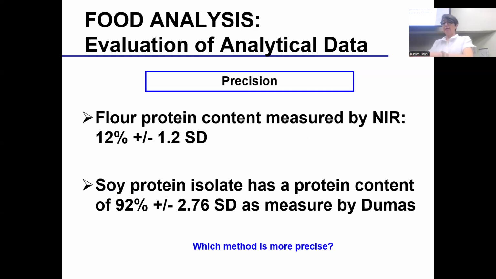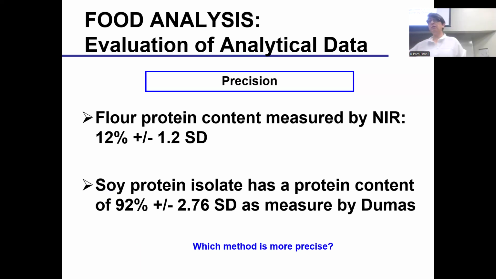One is a secondary method using NIR, which requires calibration. The other method is Dumas, which is based on determination of nitrogen, and it's an official method of analysis. And then you have two different types of samples. So two methods, two types of sample.